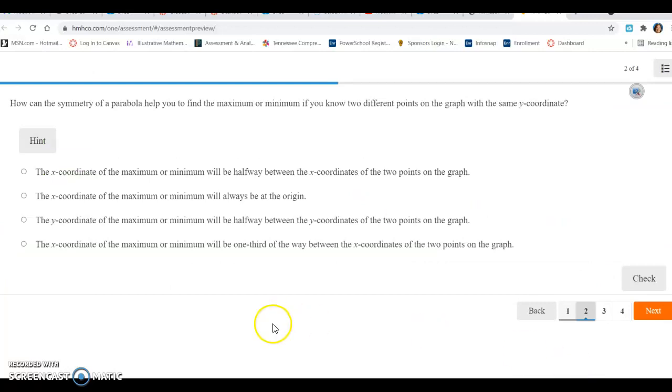All right, the next question says, how can the symmetry of a parabola help you find the maximum or minimum? Okay, if you think about symmetry, something being symmetric means that it's the same on one side as it is on the other.